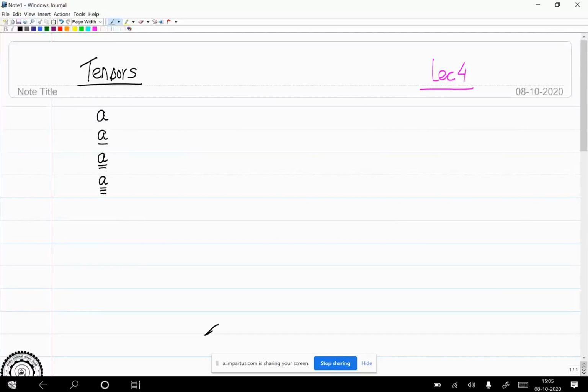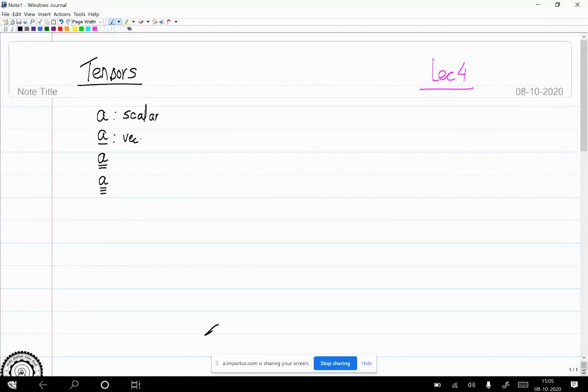In books, you will see that scalars are unbold, vectors are bold-faced small letters, whereas second order tensors are bold-faced capital letters. But when I write it, it is difficult to make it bold and unbold. So we will follow this notation when I'm writing with my own hands. This is a scalar.